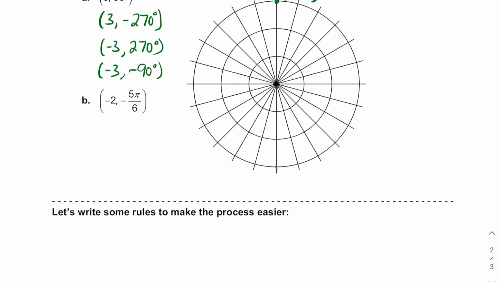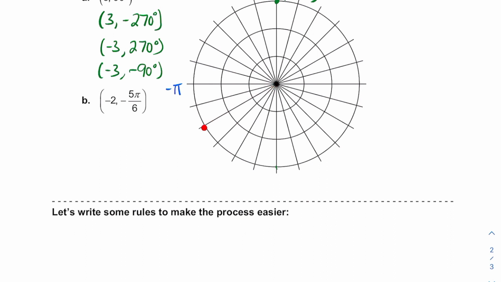A couple of things with these negatives: remember we're going the opposite direction. I would start by asking myself, it's close to pi, is it right before pi or right after? And this is going to be right before pi. Those pi over 6 lines are the ones I said were closest to the x-axis, remember we have to skip a line.